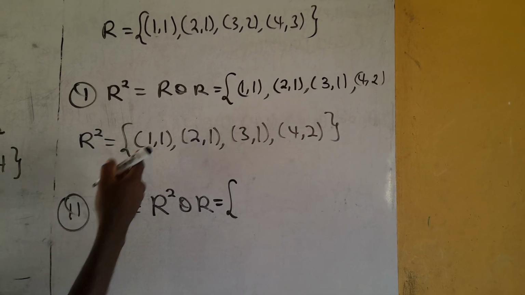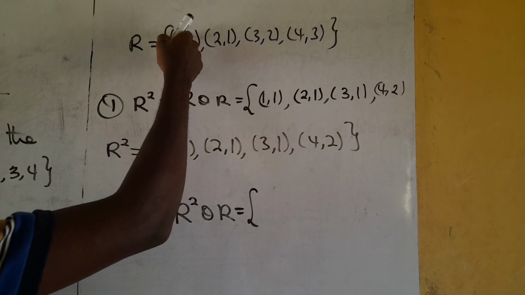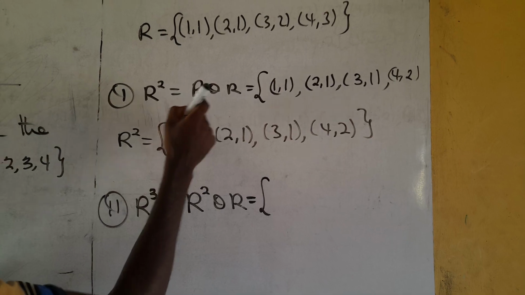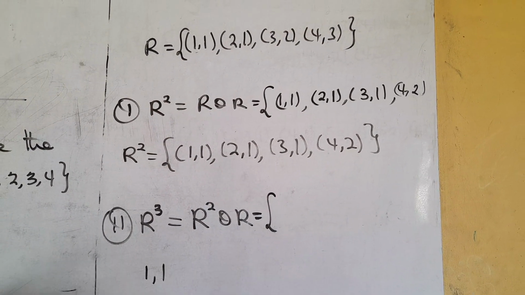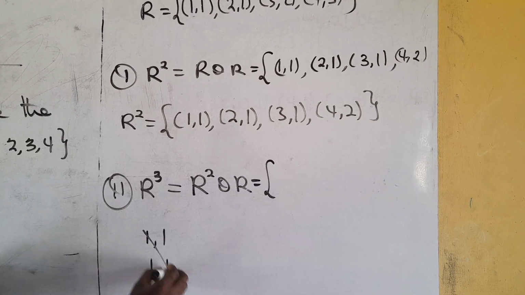The first one, we'll pick (1,1) against this (1,1). Remember, this is R exponent 2 against R.